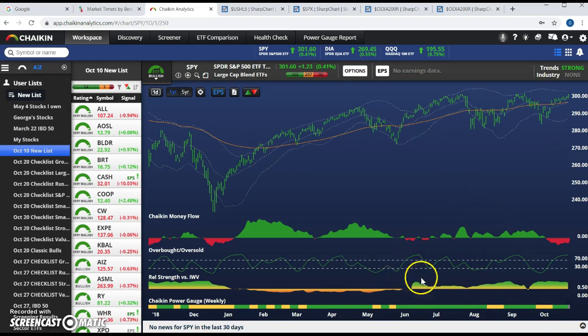You can see that it's outperforming the personality, as the Shaken folks put it. The personality of the Spider changed here when it started to outperform the Russell 3000, and since then it's been outperforming the Russell 3000. The other thing to look at is that the overbought oversold indicator is now overbought.